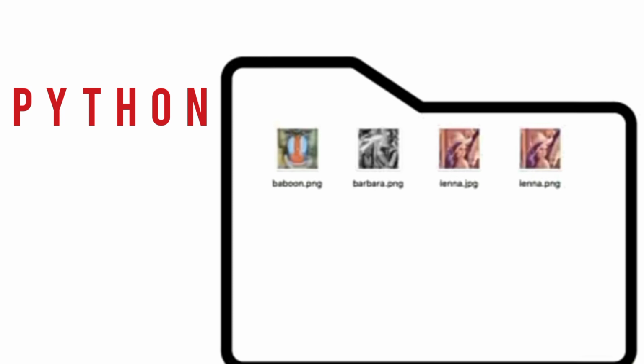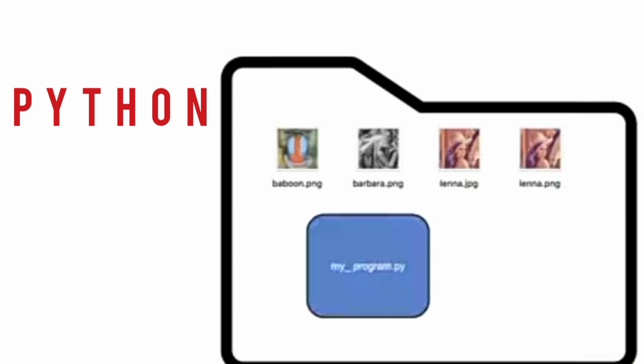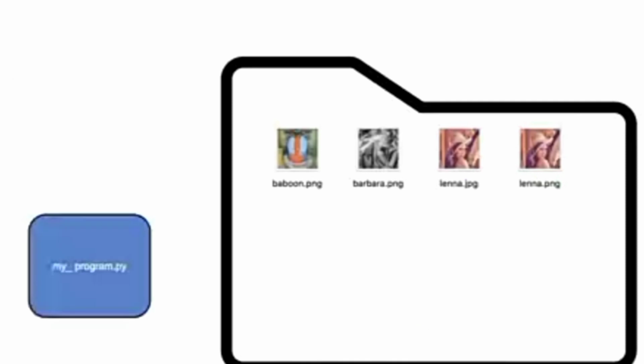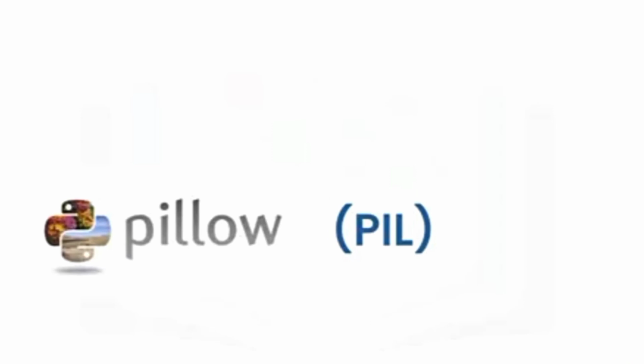No matter what Python library you use, you are going to have to load the image. If your code is in the same directory, all you need is the name of the file. If your code is in a different directory, you will need the path of the file. The Pillow, or PIL library, is a popular library for working with images in Python. We will use it for some tasks. We import the Image module from PIL.